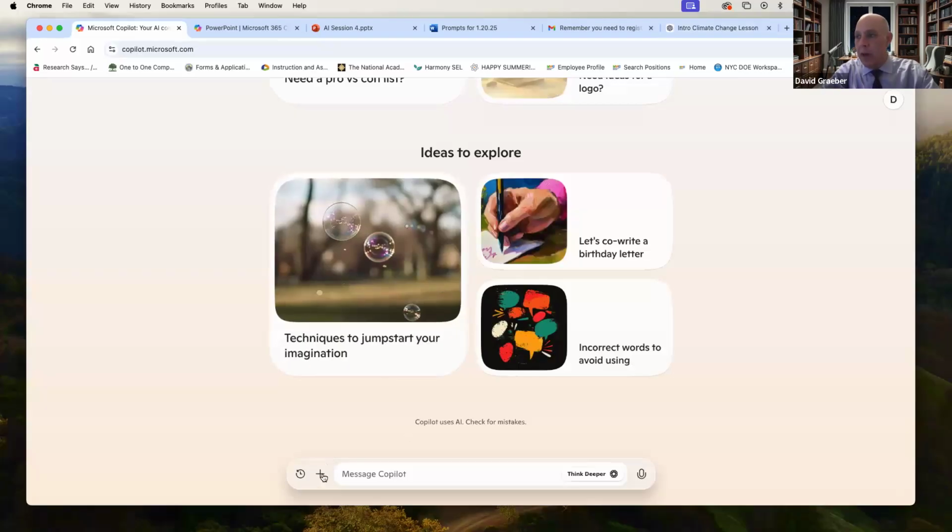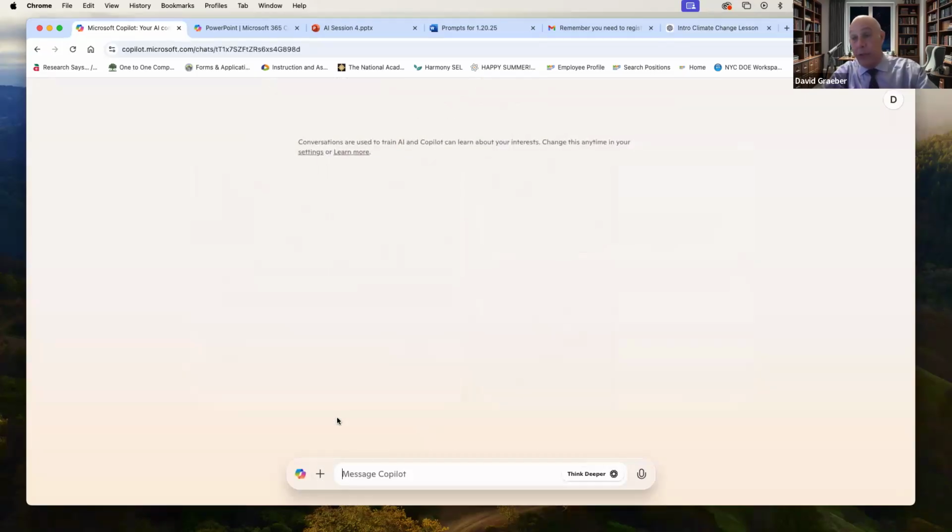So I want to start a new chat with Copilot. These tools, as you can see, are very intuitive and very simple. And I'm going to say to Copilot, can you please take the lesson plan that I am about to share with you and develop a PowerPoint? Let's see what happens.